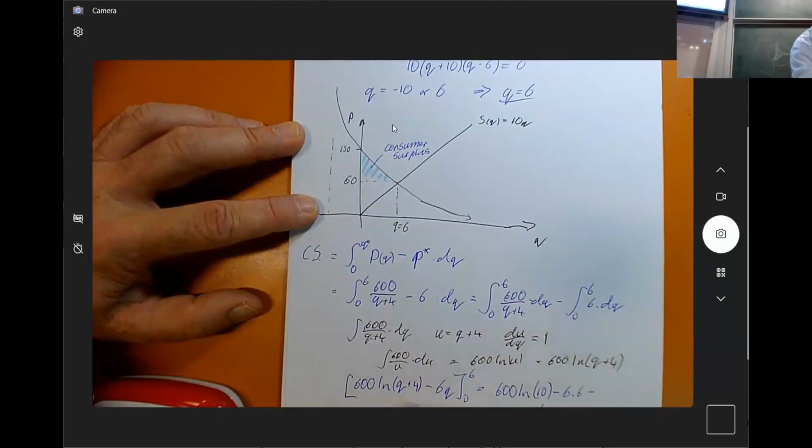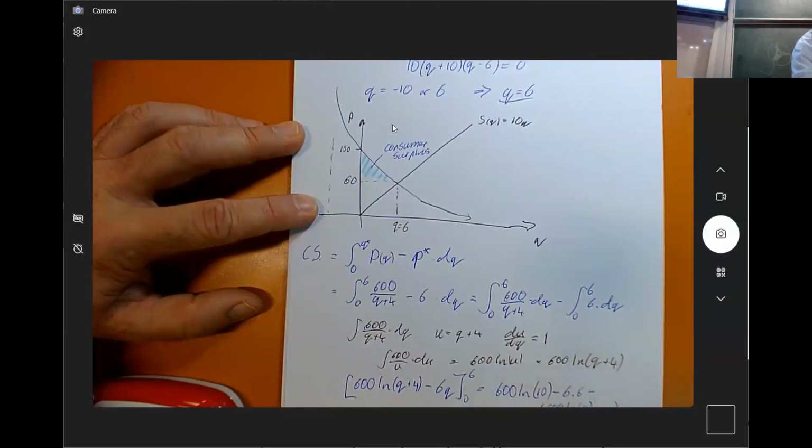We're going to put in the 0. If I put in this, it's like 600 ln of 4 minus 0. So 600 ln of 10 minus 36 minus 600 ln of 4.